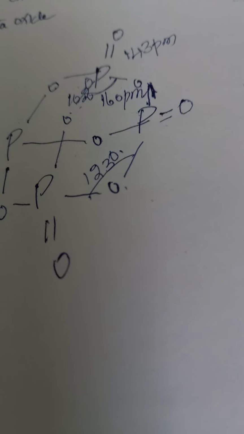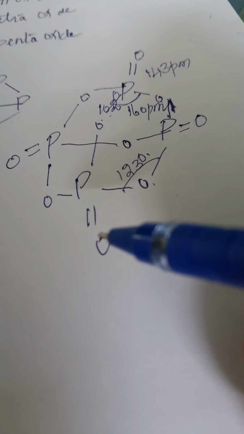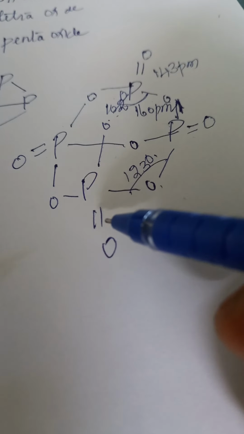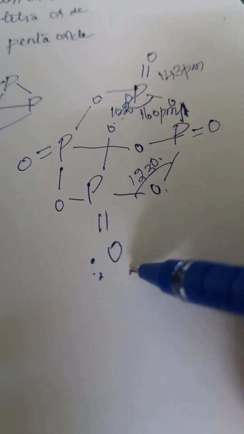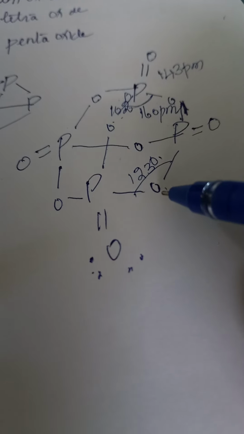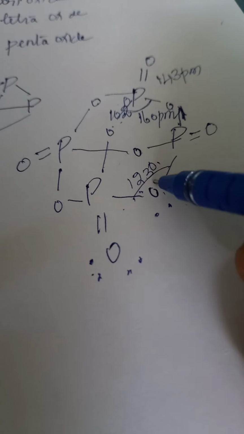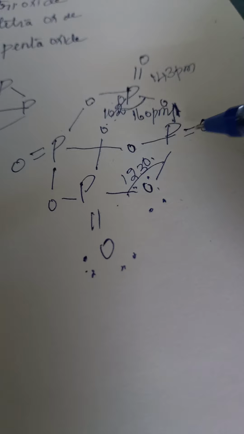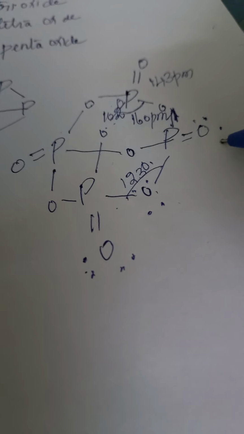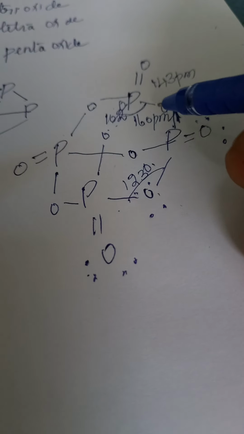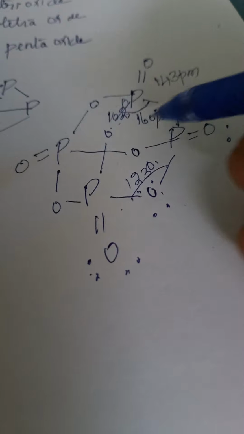The next, how many lone pairs of electrons? See, totally oxygen has 8 electrons, 2 already here, 4, 6, 8. This oxygen 2 plus 2, 4, so 6, 8. This oxygen already has 2 bonds, 4, 6, 8. This oxygen has 2 bonds, so 6, 8.